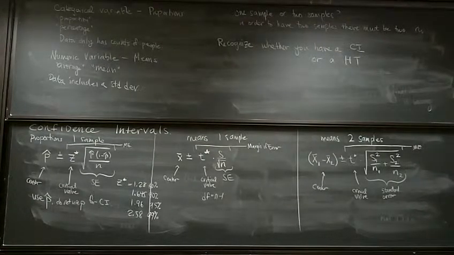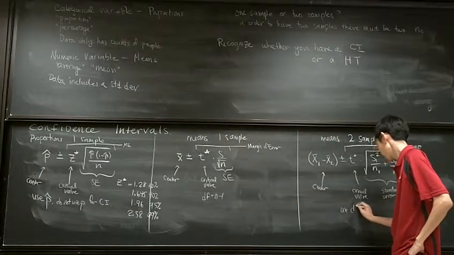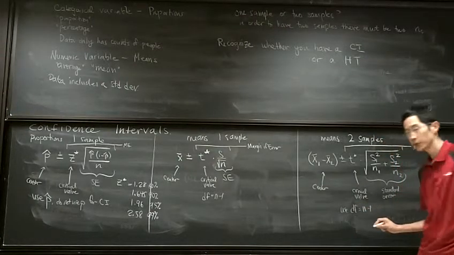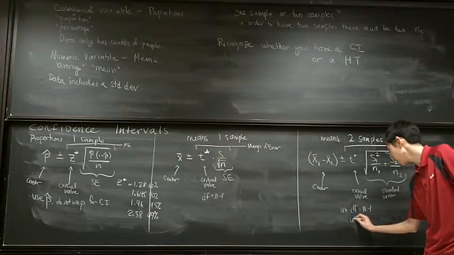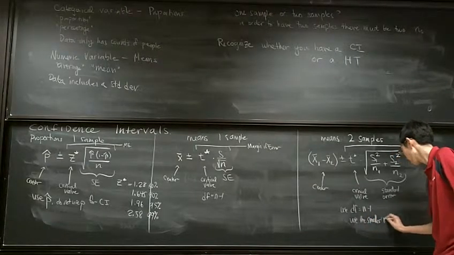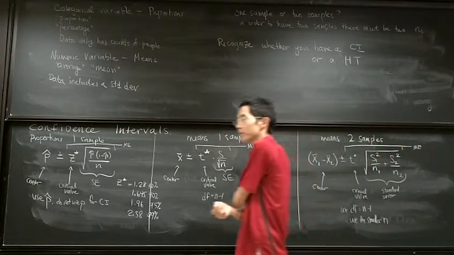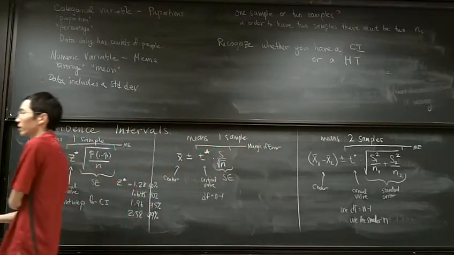We also use n minus 1, but we have two n's. So we use the smaller n.